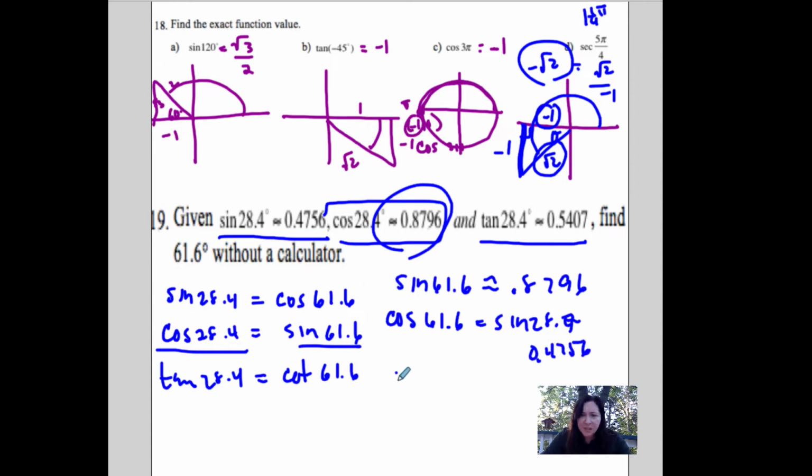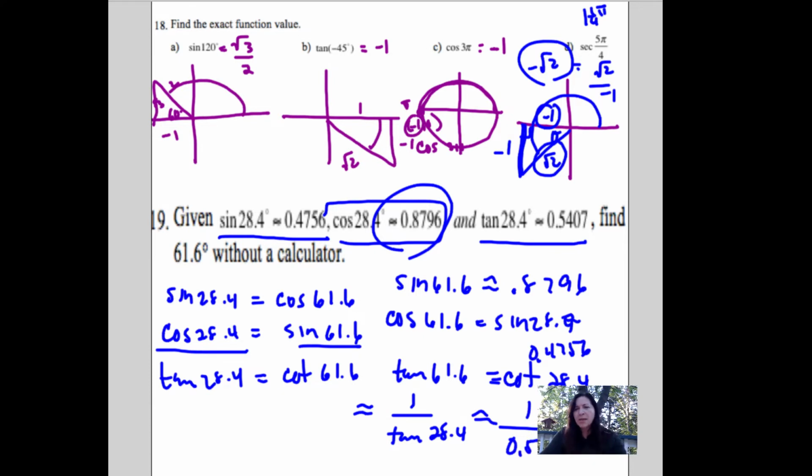And then tangent of 61.6 is equal to cotangent of 28.4, and that's going to equal approximately 1 over tangent of 28.4, which is about 1 over 0.5407. Of course you want to do the cosecant, secant, and cotangent of these, but you get the idea. If you write down what you know first, then everything else you can just manipulate. And if you don't know something, if it's an inverse, you can always divide 1 by whatever its approximation is.